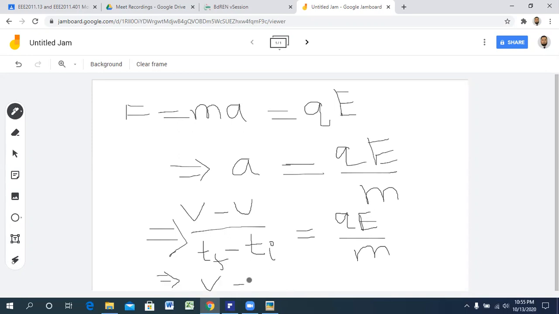V minus U should be equal to Q E divided by M multiplied with T minus Ti.